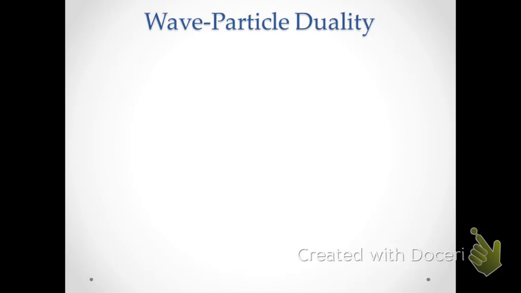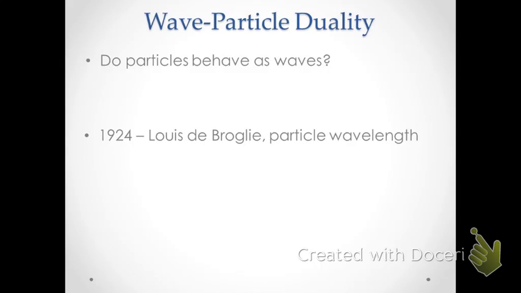Is it possible that what we conceive to be particles, such as electrons, can, under the right circumstances, behave as waves? In 1924, Louis de Broglie proposed that, yes, particles do have a wavelength. He did this in his PhD thesis, by the way.